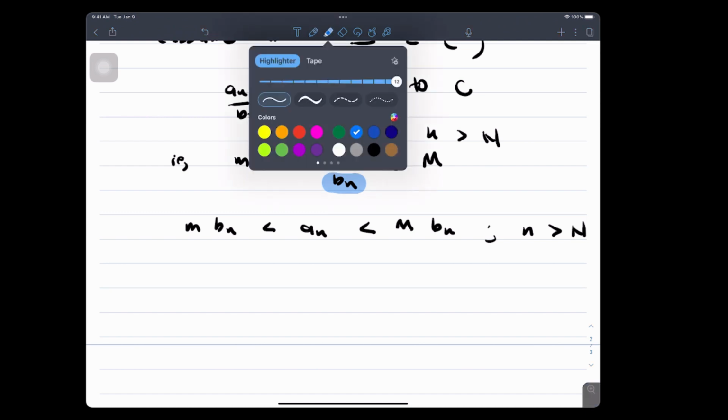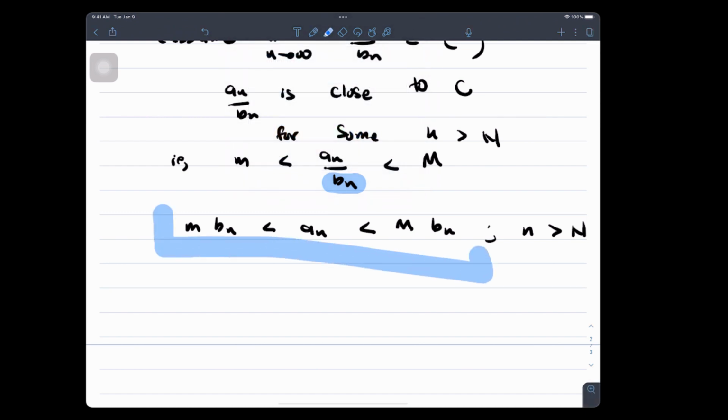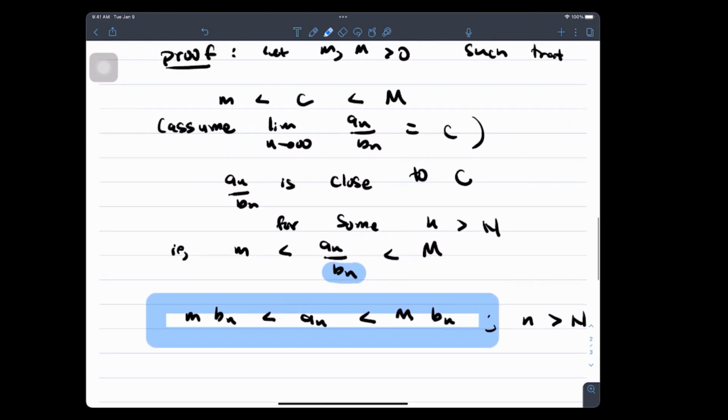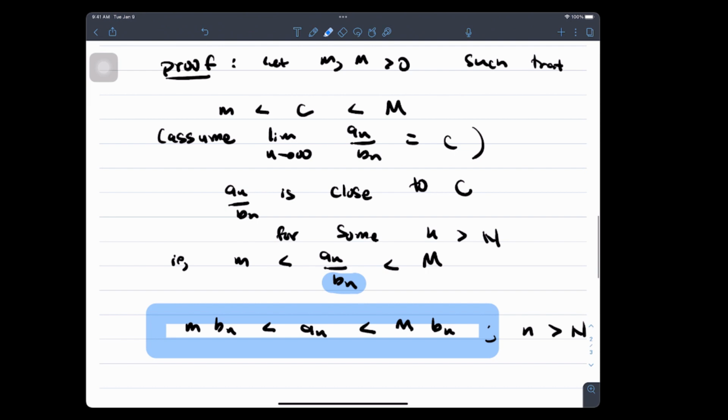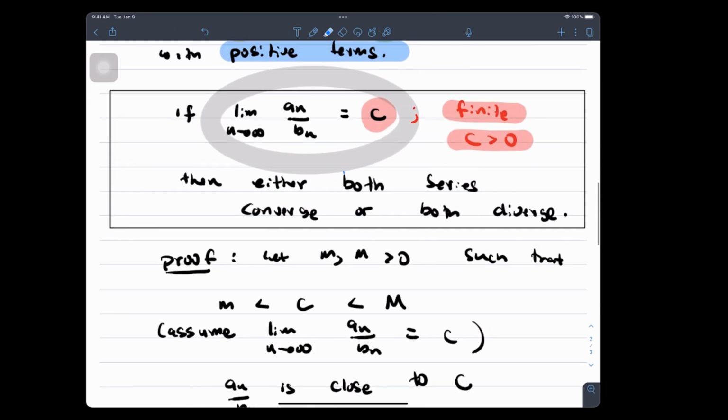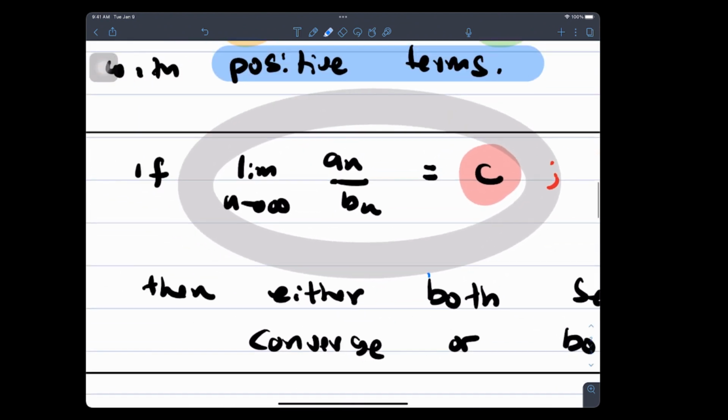So this is really the bottom line criteria here that we care about. Okay, so we get all of this just by assuming the limit is finite and positive right there. This is your assumption to the proof.